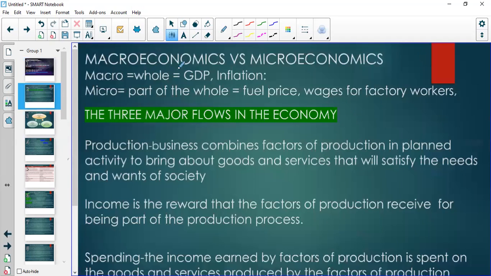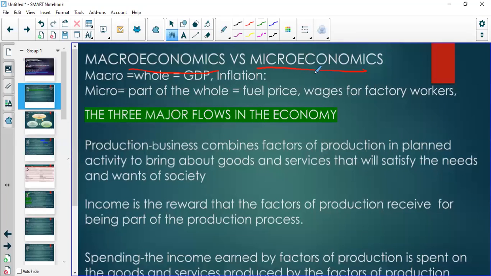All right, so you guys already know the differences between macroeconomics and microeconomics. It is a requirement at this level that you need to be able to identify which issues are going to be macroeconomic issues and which issues are going to be microeconomic issues.